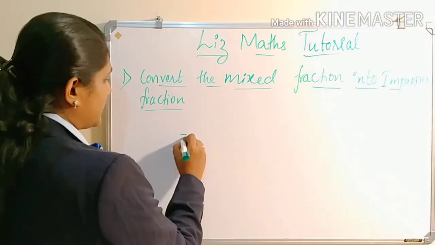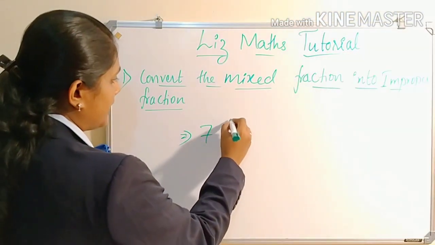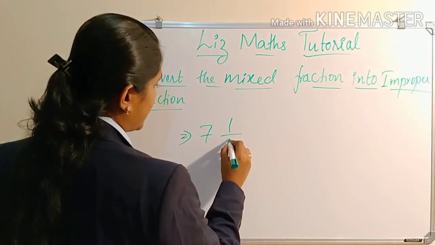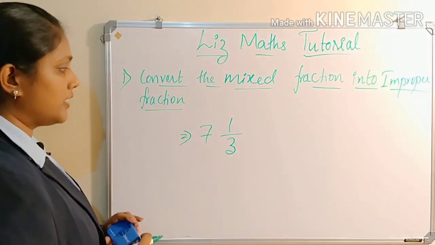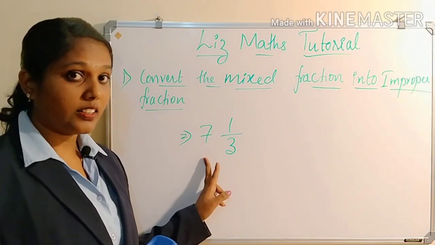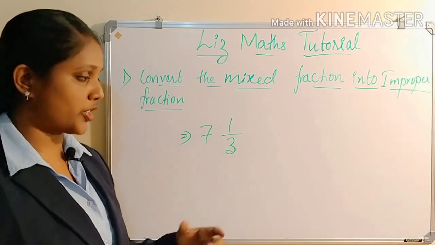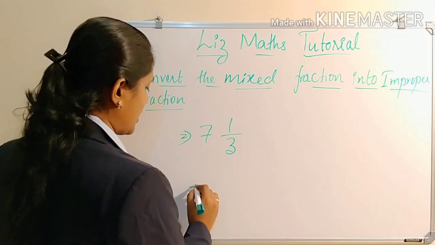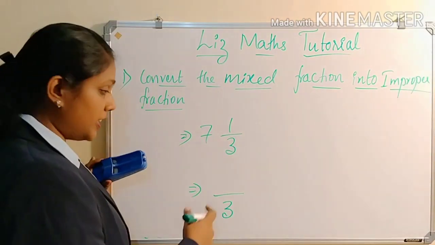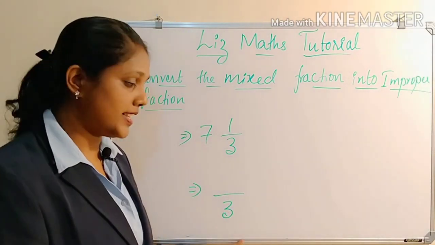Very easy. Take 7 1 by 3. This is a natural number with a proper fraction. So how to convert this? You have to multiply these two. The denominator you have to write as it is first.